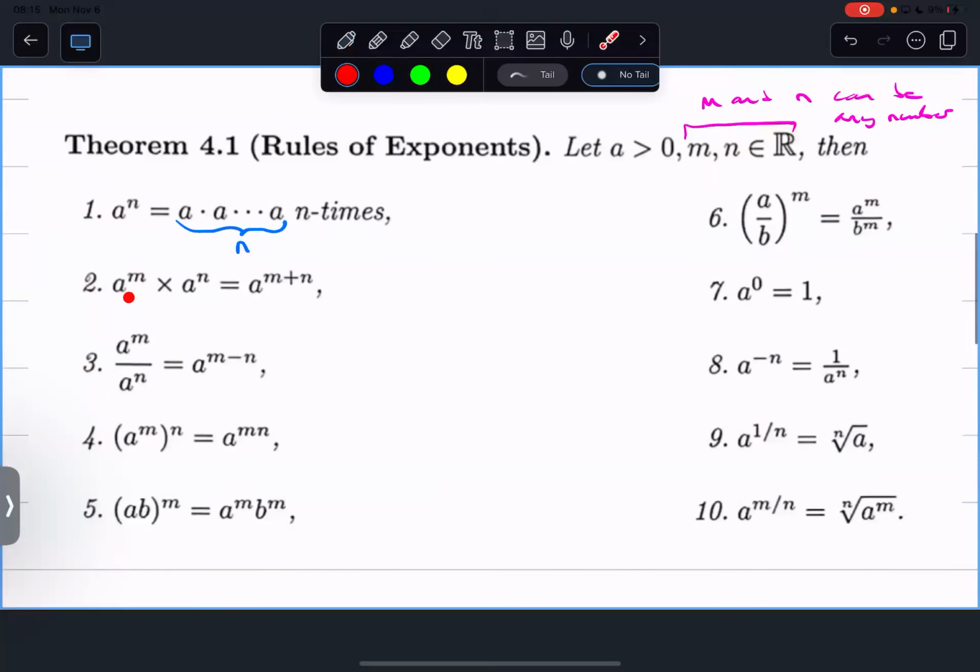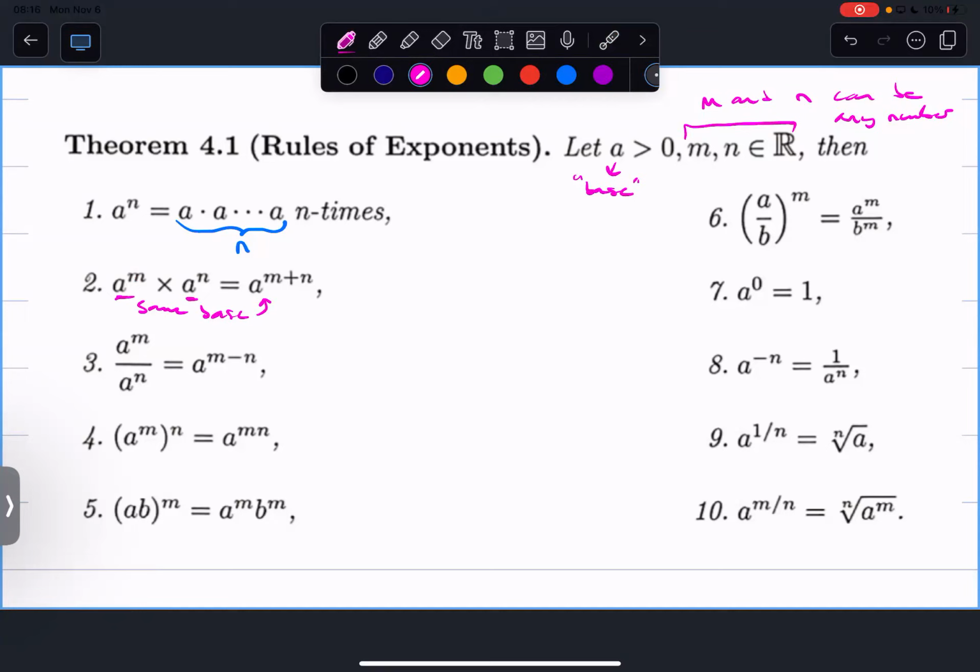So, for example, if I have a to the power of m times a to the power of n, one of the key things to notice is that you have to have the same base. I'll call a the base. If you do, you can rewrite it as a to the power of m plus n.